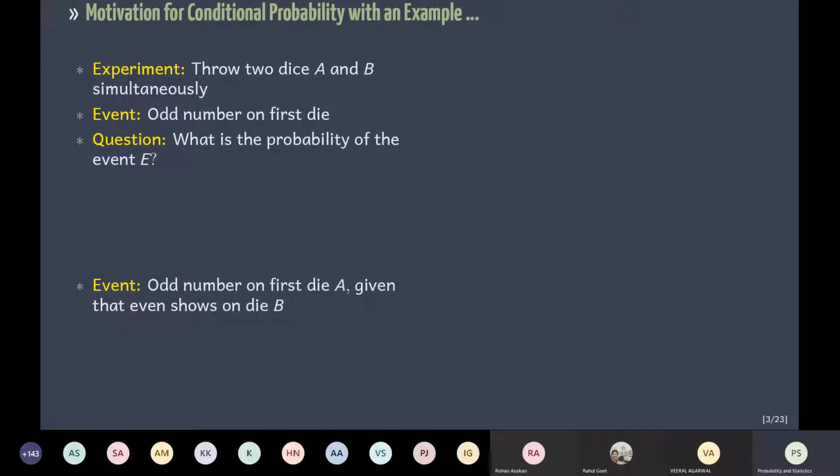So let us say another event is an odd number on the first die, given that even shows on die B. Now we can talk about probability like this. We have the event E, and the condition is that an even number shows on die B. This is the probability we are talking about, and that's called conditional probability.